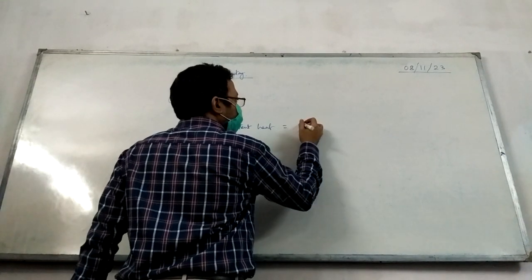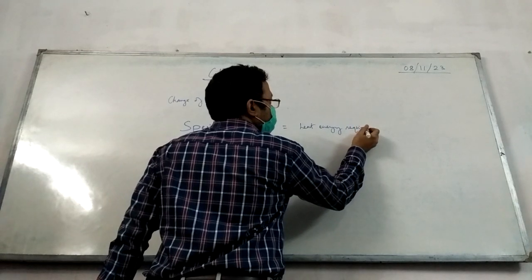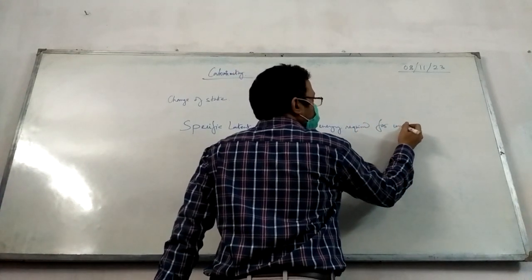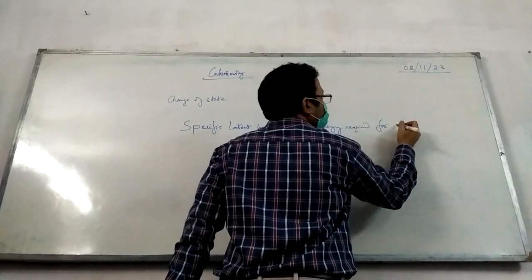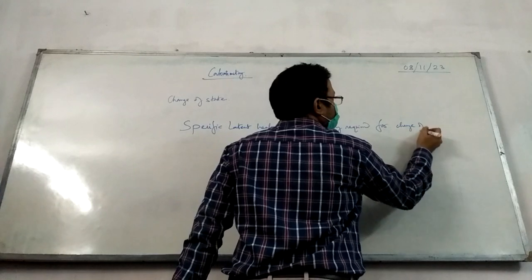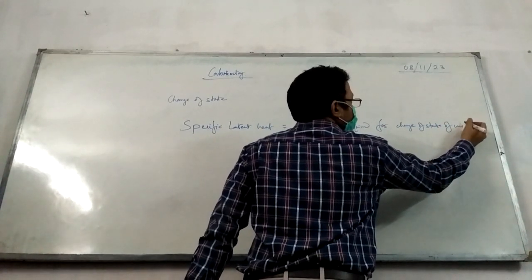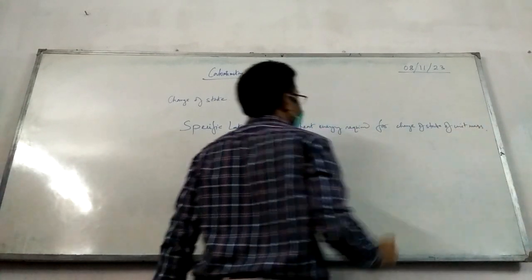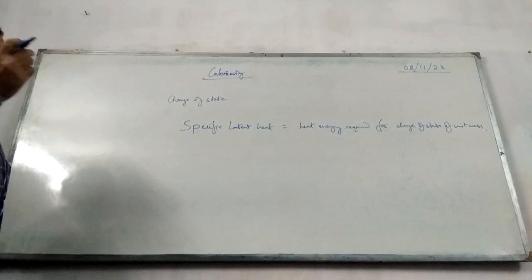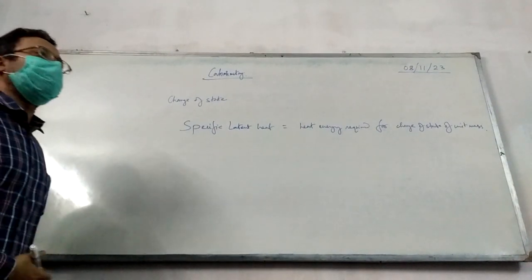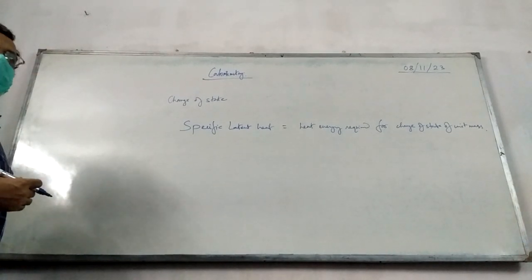Heat energy required for change of state of unit mass. That is, unit mass of a substance. If we want to change the state of unit mass of a substance, then the amount of heat energy required is called specific latent heat.